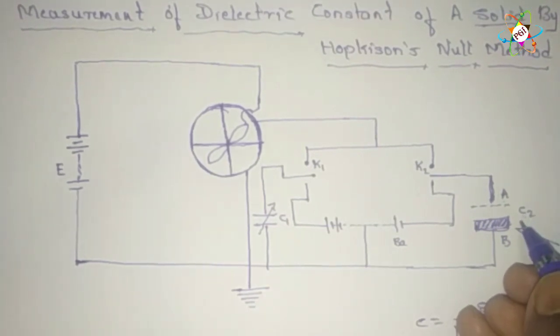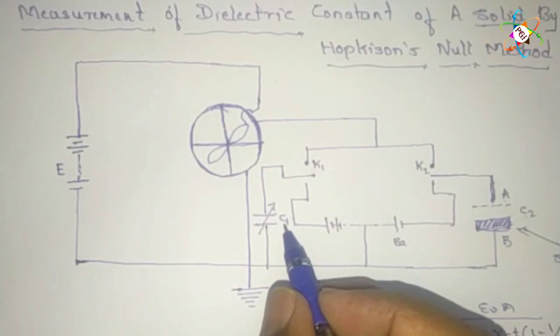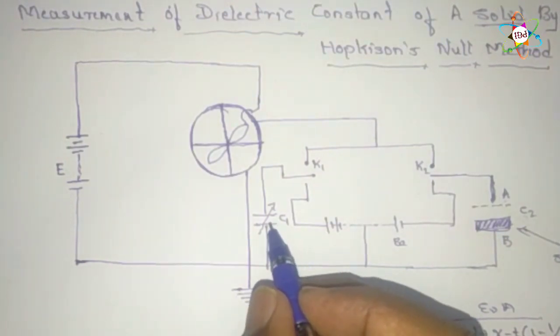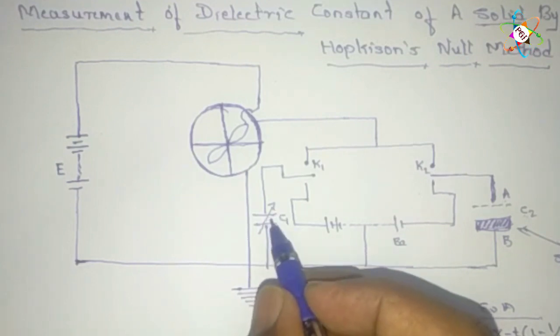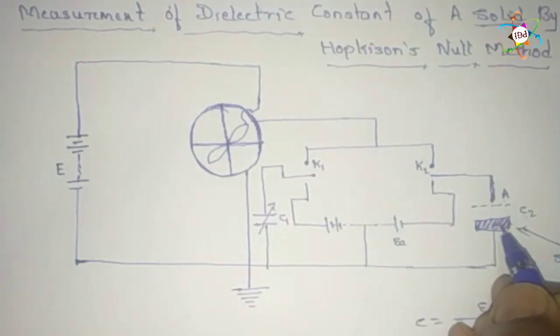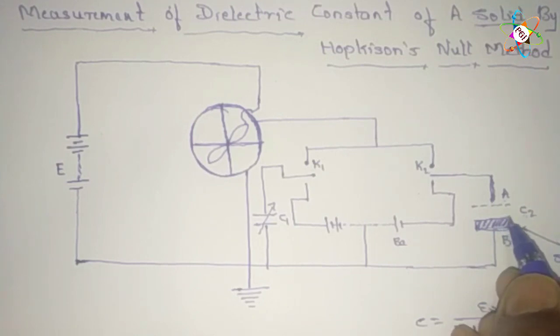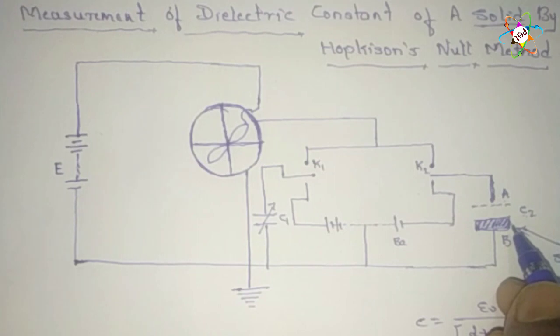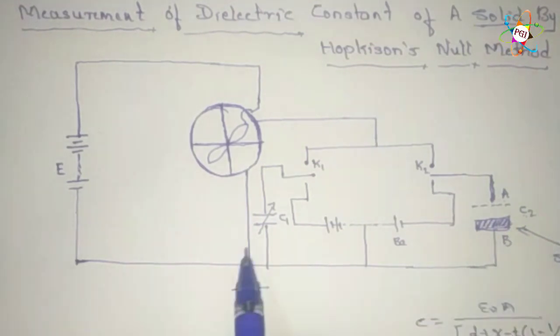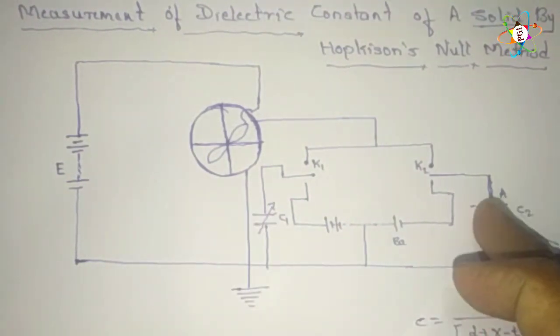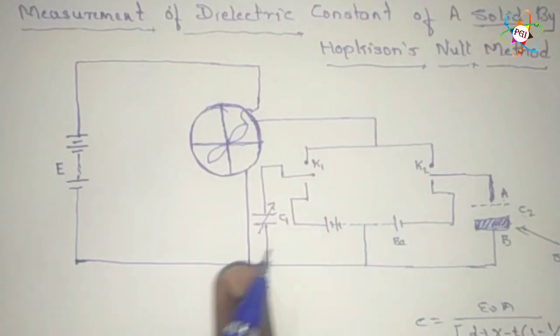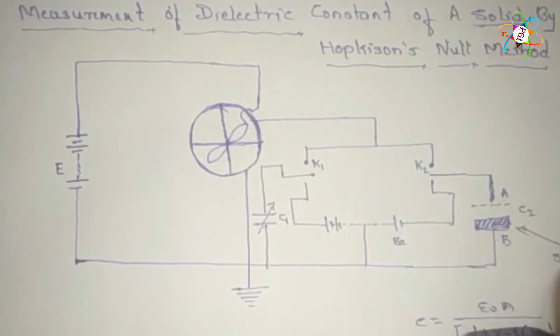C1 is also one of the condensers, the variable condenser. It is constituted of coaxial cylindrical conductors, and the inner cylinder can slide inside the outer one.